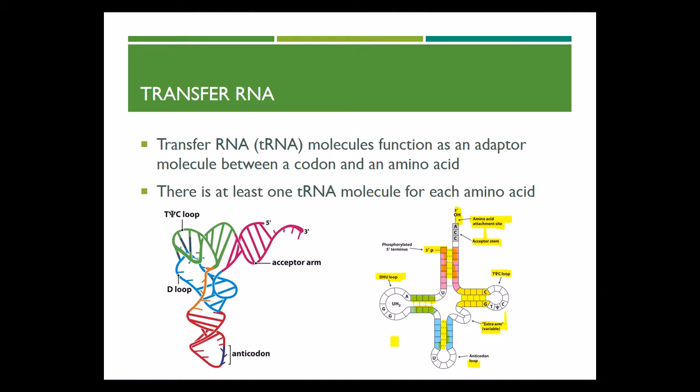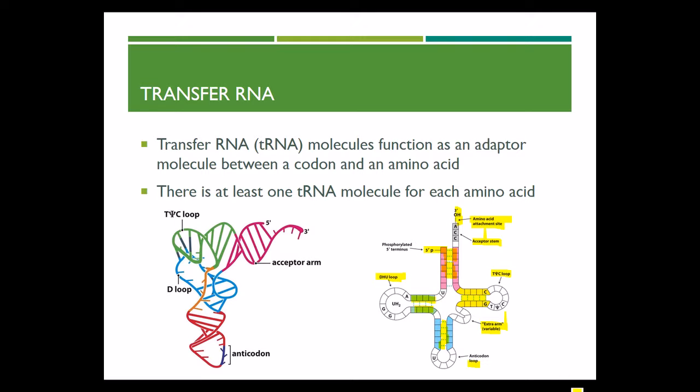Sometimes there's an extra arm or an extra loop, and as the name implies, a variable loop could range from 3 to 21 nucleotides in different transfer RNAs, and there is no consistency with the nucleotide bases that are found in that variable loop.